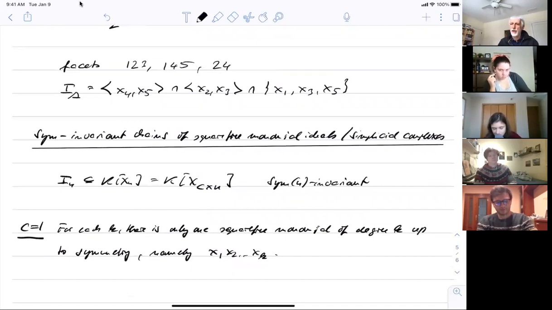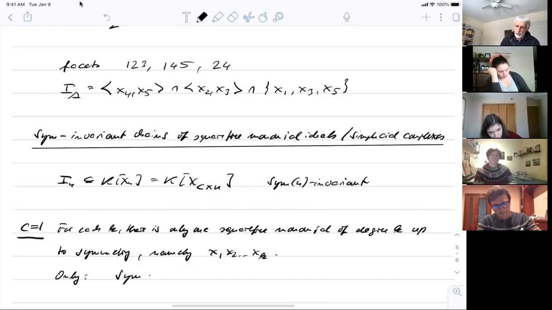So if you want to have a symmetric ideal generated by these monomials, you basically have only the orbits corresponding to such a monomial. So we only have to study the orbit of such a monomial x1, x2 up to xk, where k is at least 2 and fixed.